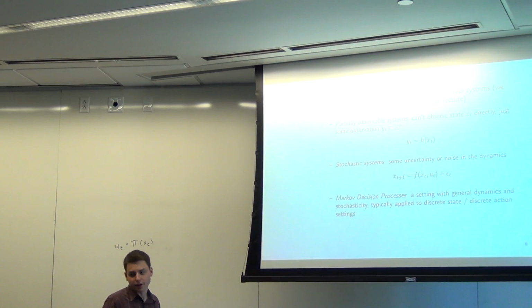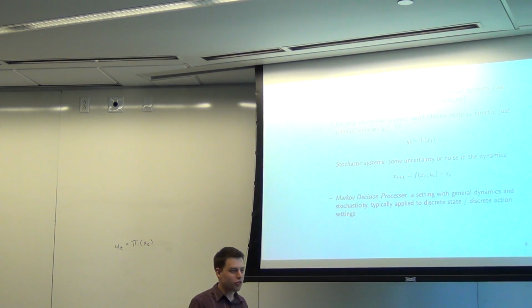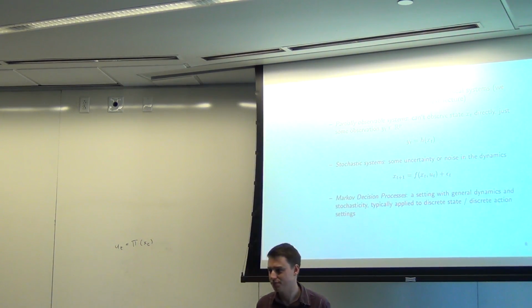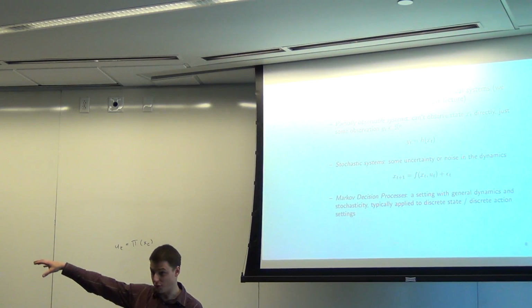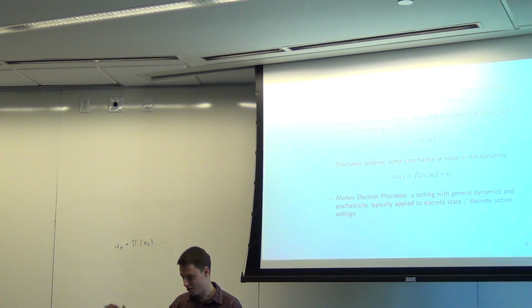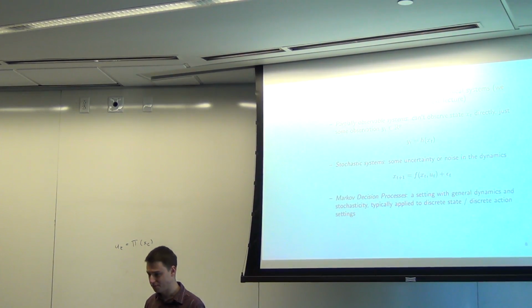This is a problem, though, if, for example, we do not know the current state of a system. Say we don't know the temperature, or maybe we know the temperature in one room, but we don't know it in another room. And the temperature in that other room will affect how the system behaves, because you have heat transfer, stuff like that.